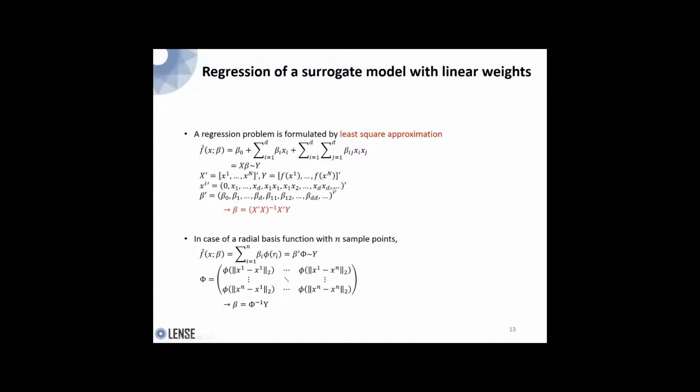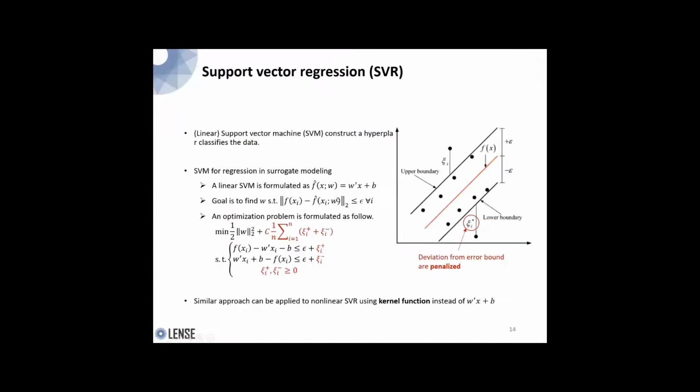To estimate the parameters. But you can also do other things. You can do support vector regression, where you create this boundary, and you're trying to penalize the deviation from this error bound.